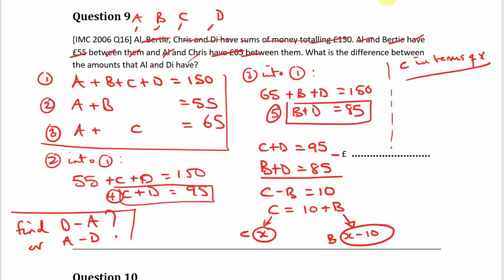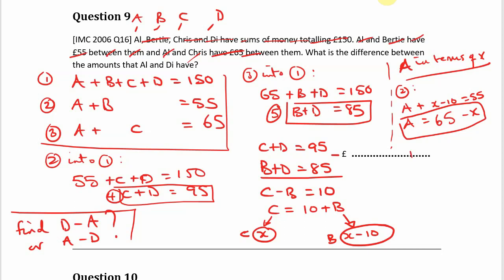Oh no, I've already got what C is in terms of X. I want to find out what A is in terms of X. So I'm going to use equation 2. That is A plus X minus 10 equals 55. So A equals 65 subtract X. That's just adding the 10 to the other side, taking the X to the other side.